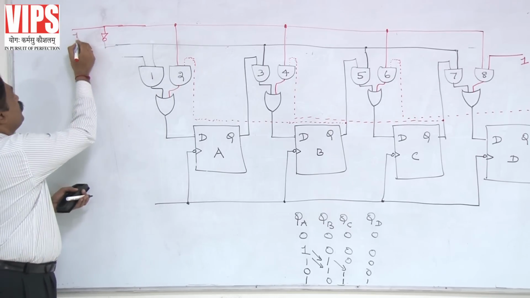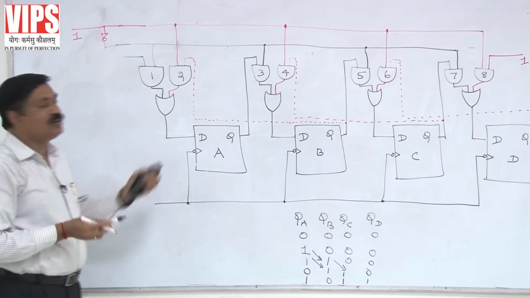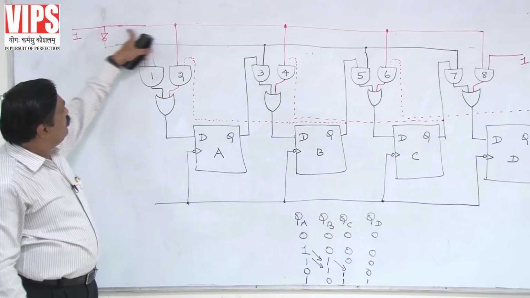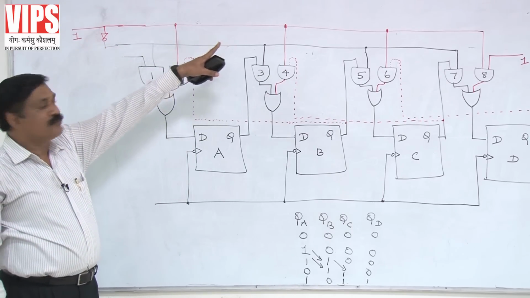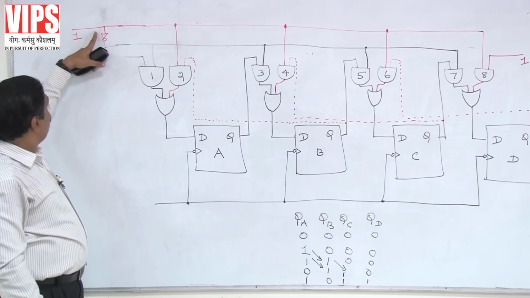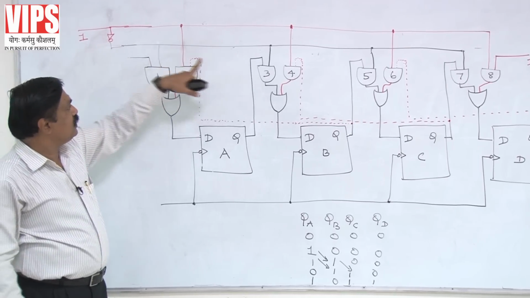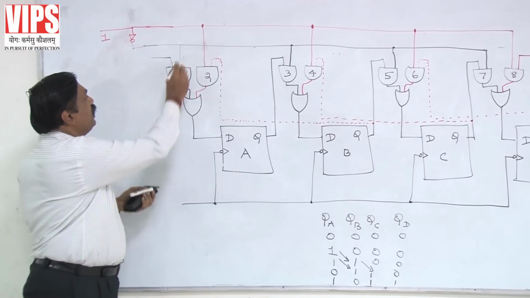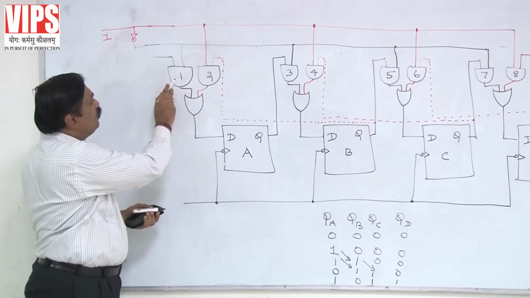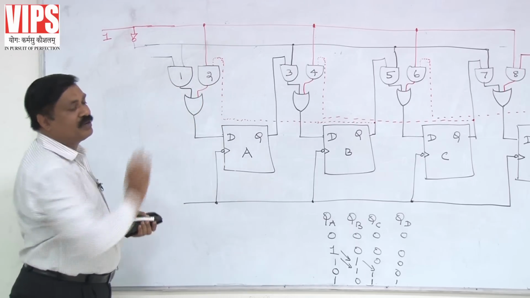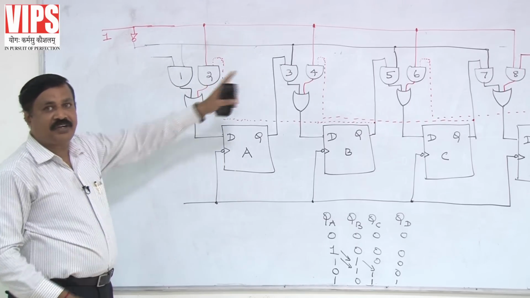See, if you give 1 here, what will happen? The red line is activated. This 1 is coming as 0 here. That means this black line, that is this control line, will be 0. Therefore, 1, 3, 5, 7 are deactivated.